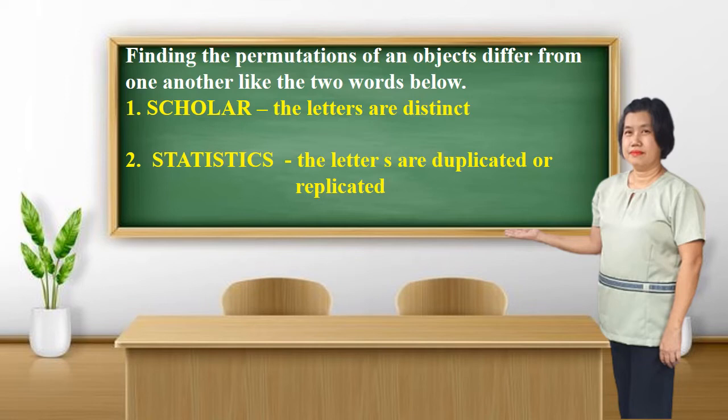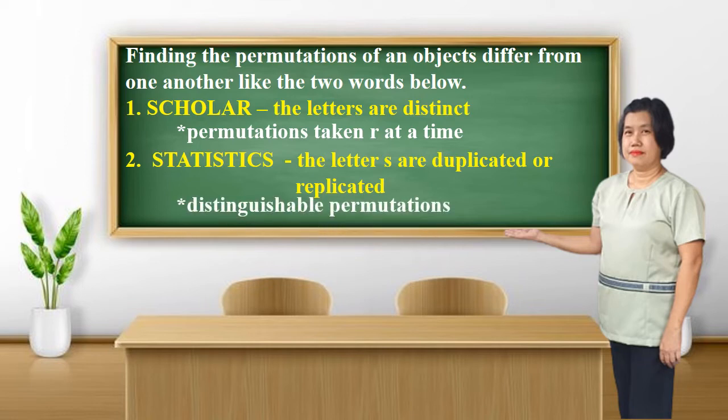In the word scholar, there are no duplicated or replicated letters, so the letters are distinct. This is an example of permutations taken R at a time. In the word statistics, S and T are replicated and I is duplicated, so the letters are duplicated or replicated. This is an example of distinguishable permutations.